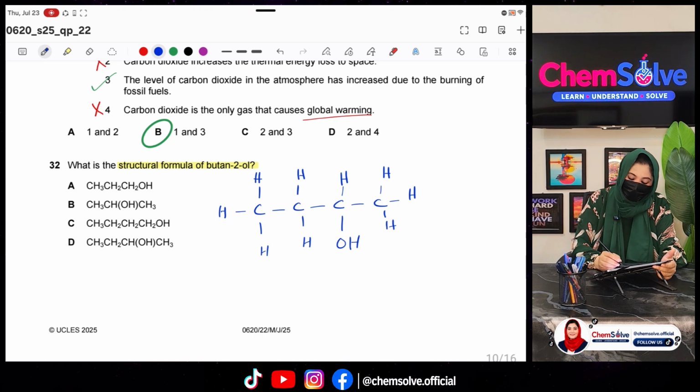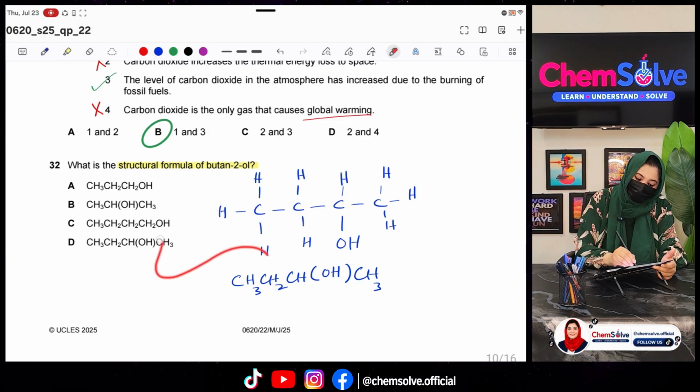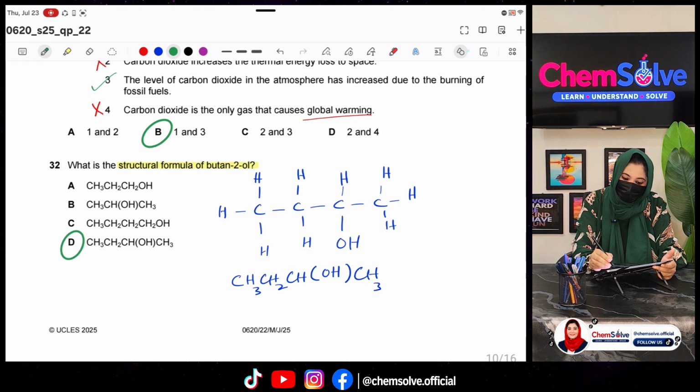When I combine it to form the structural formula, it would be CH3, then CH2, then CH with an OH group attached, and lastly CH3. So this exactly matches our option D. So D is the correct statement here.